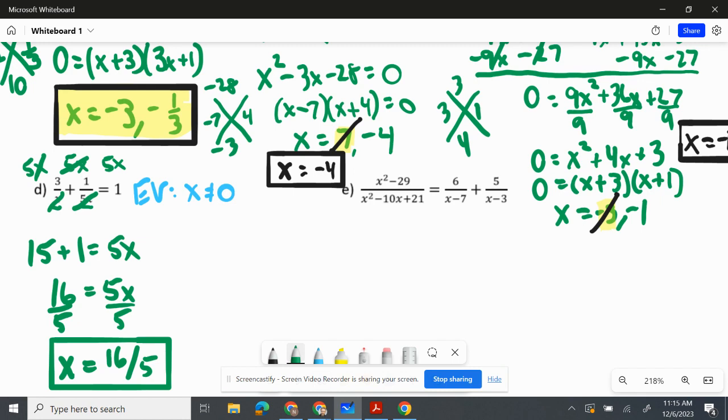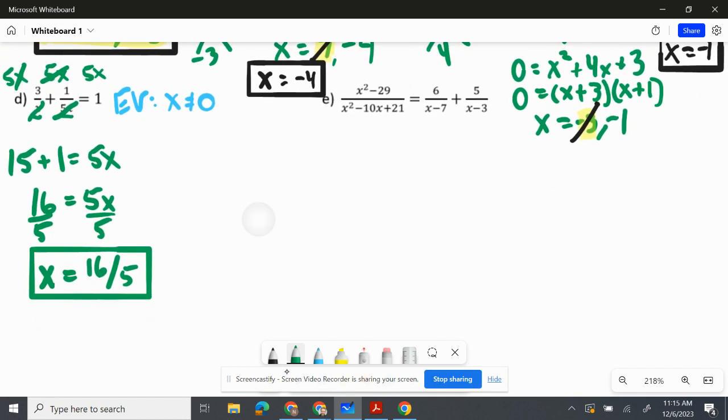Our last one, what we're going to do is we're going to factor. So we have x minus 7, x minus 3. And so our excluded values, x cannot equal 7 or 3.